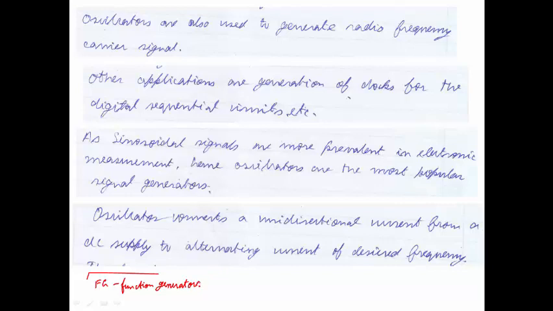Using them, we can vary the frequency as we want, and we can also vary their amplitude, as well as get different types of waves. Sometimes we get square waves, sometimes triangular waves, sometimes sawtooth waves, something like that. It depends on what kind of waves we are targeting.